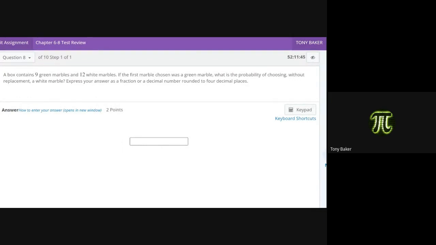All right, next one. A box contains 9 green marbles and 12 white marbles. If the first marble chosen was a green marble, what is the probability of choosing, without replacement, a white marble? You can write your answer as a fraction in this case. Remember, probability is 2 things: the number of things you have and the number of things you want.